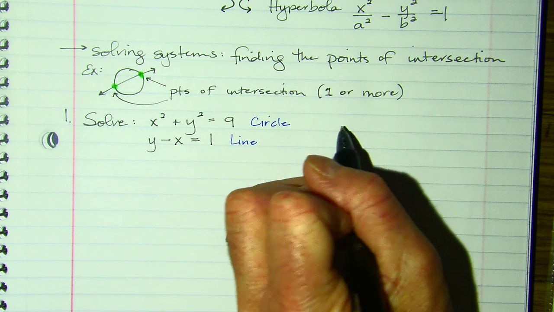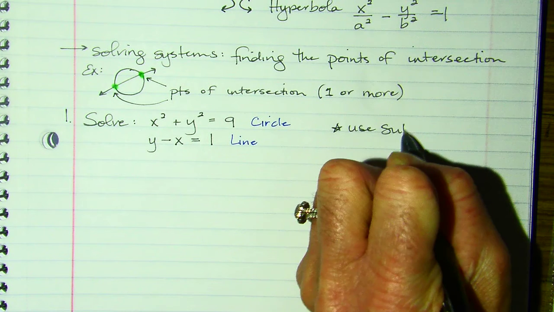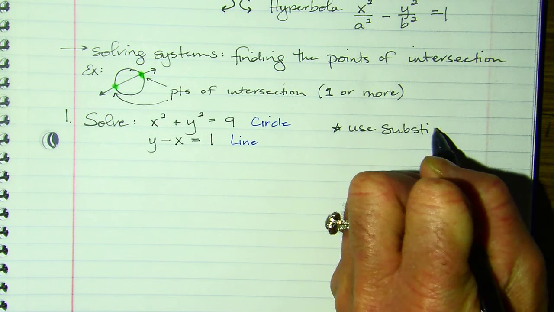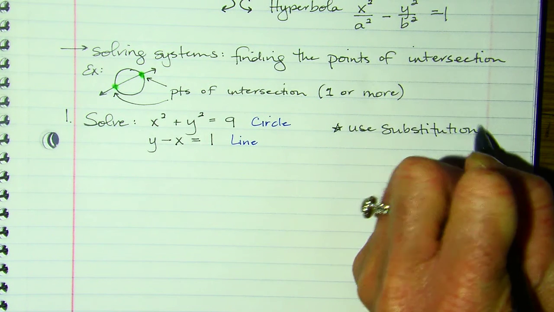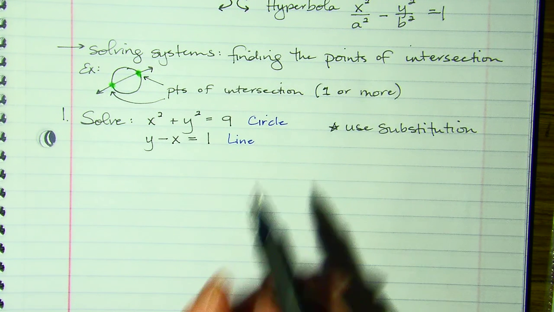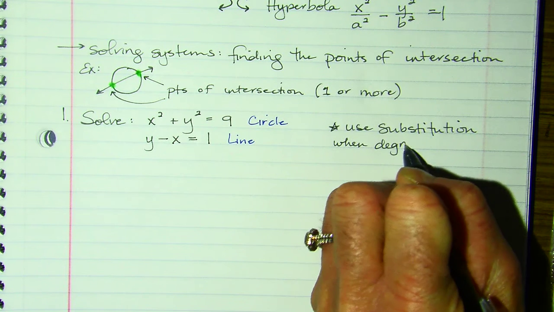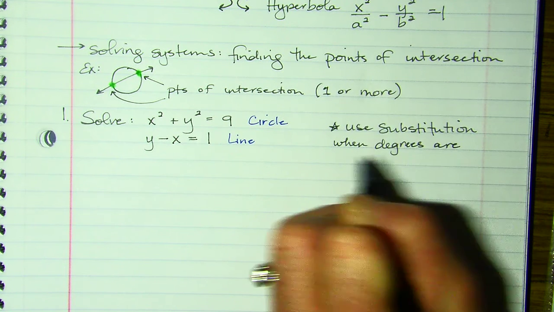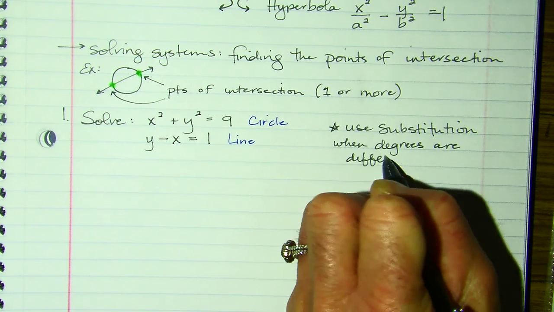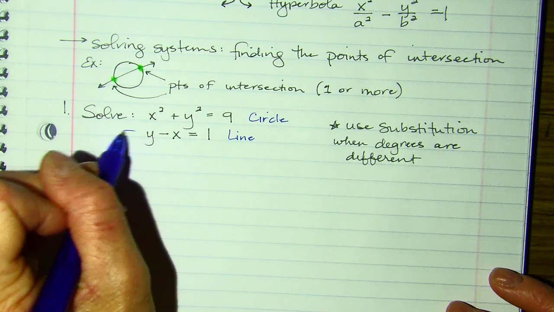So the easiest way to solve is to use substitution. In this case, it's because my degrees are different. I can't use elimination, so I'm going to use substitution when the degrees are different. So I am going to get y by itself.